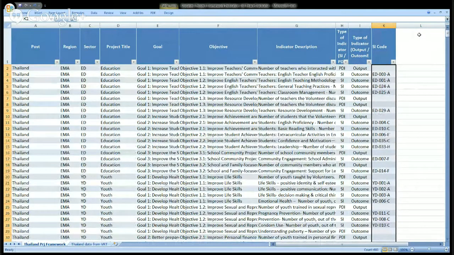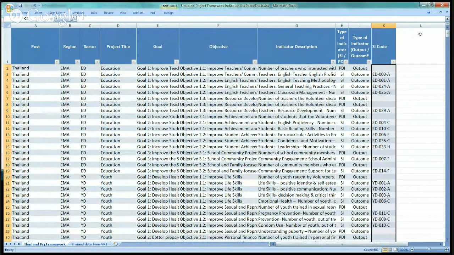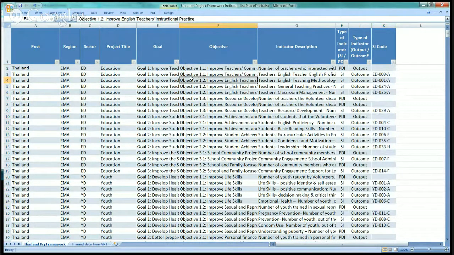Okay. So PDIs are created by the post, and SIs are created by headquarters, correct? Yep. So now, is each one of these SIs, these indicators, associated one-to-one to a goal and objective?